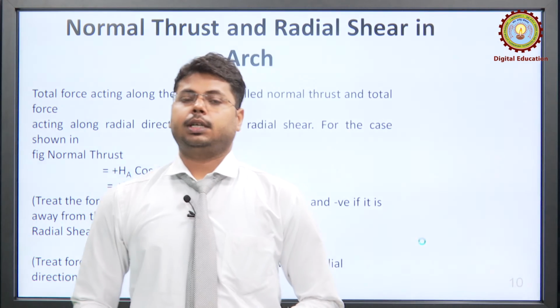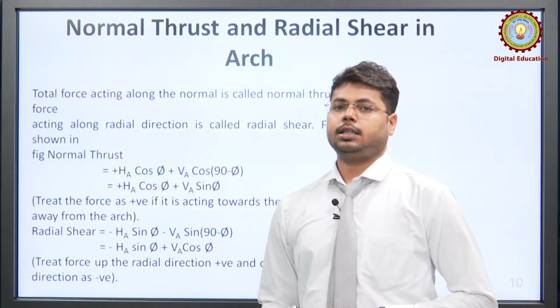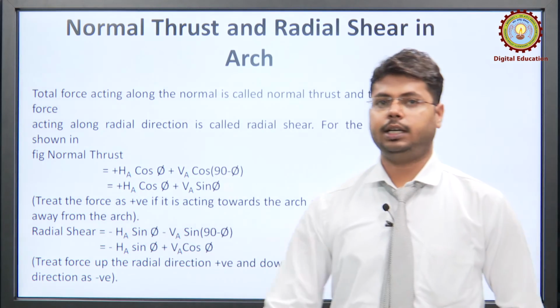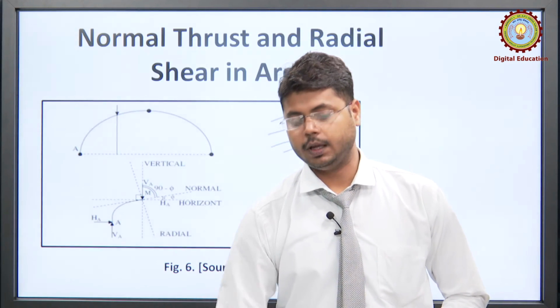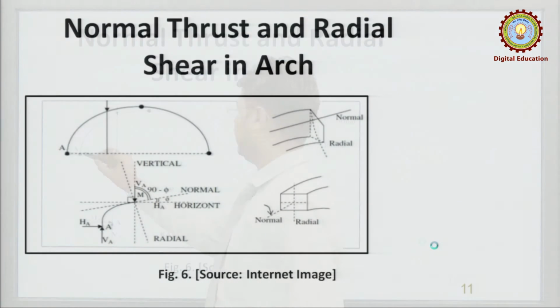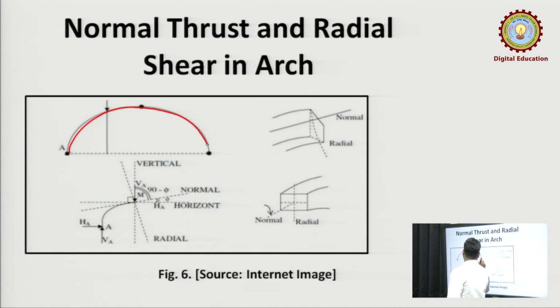Now we are going to discuss normal thrust and radial thrust in the arches. What is the normal thrust and what is the radial thrust? As you can see here, we have a three hinge arch here.